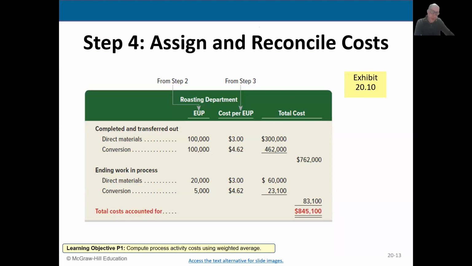What we do is we take the equivalent units of production, we multiply that by the cost per equivalent unit to get the total cost. We do that for direct materials, and then we do that for our conversion costs. We do it for both completed and transferred out and ending work in process inventory.